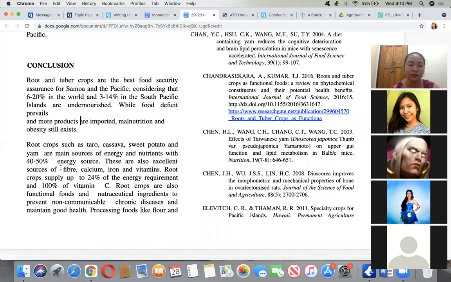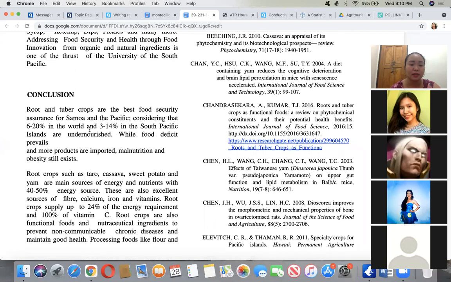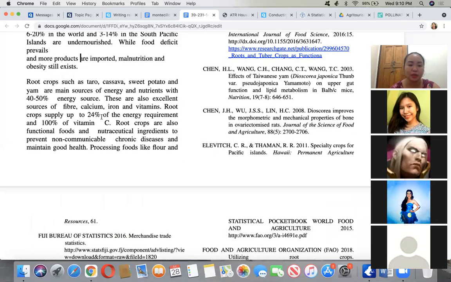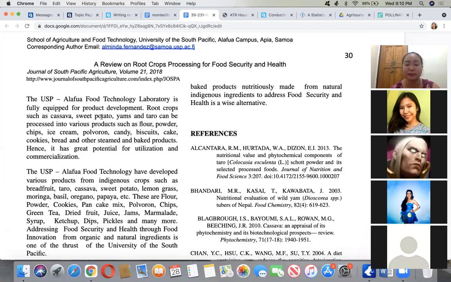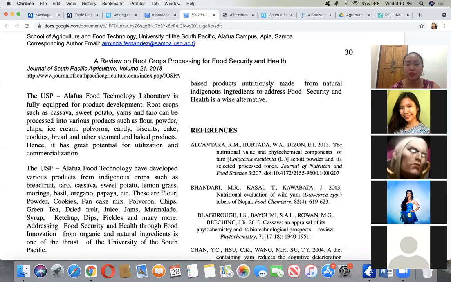Of course, you have to show how nutritious they are and what the prevailing problems are. With root crops, or processing them to make food available for a longer period of time, it can be available for at least a year or more. And since it's very nutritious, it's a wise alternative for health.